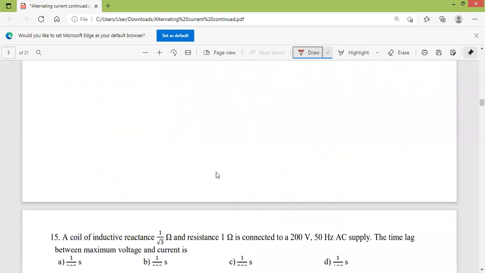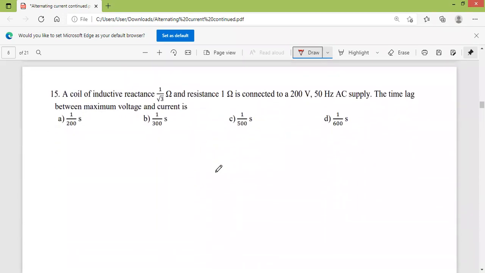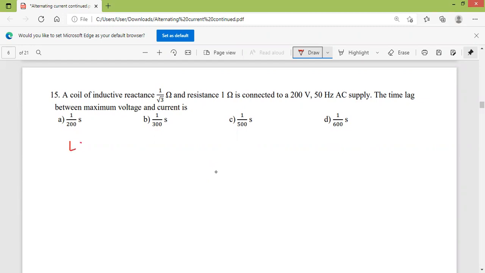Next one. Question 14. A coil of inductive reactance XL equal to 1 by root 3 and resistance R equal to 1 ohm is connected to an AC source of voltage 200 volts.